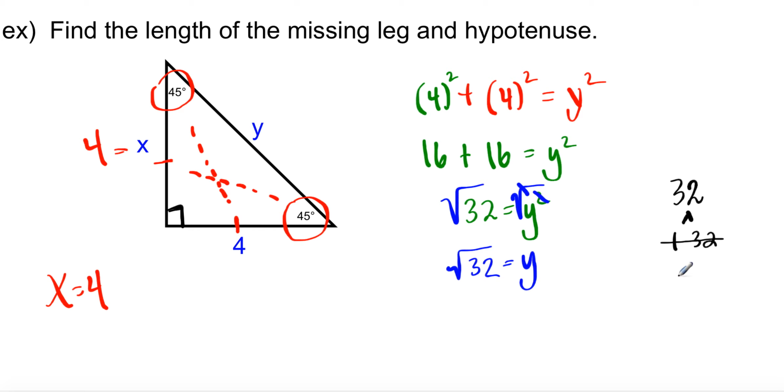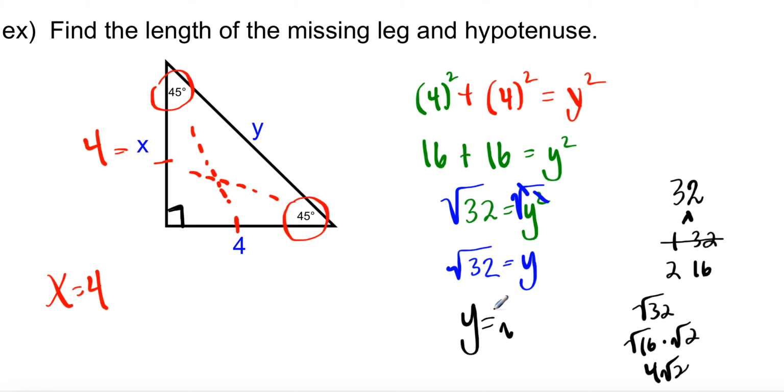So really we kind of just start with the 2. And 2 goes into 32 16 times, and 16 is a perfect square. So I'm going to stop right there and think about the square root of 32. Again, this is just some margin work, as the square root of 16 times the square root of 2, and the square root of 16 is 4. So this becomes y is equal to 4 square roots of 2.